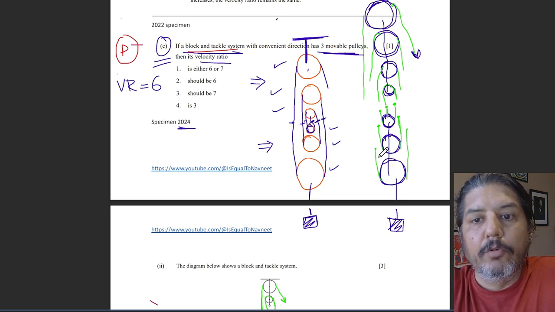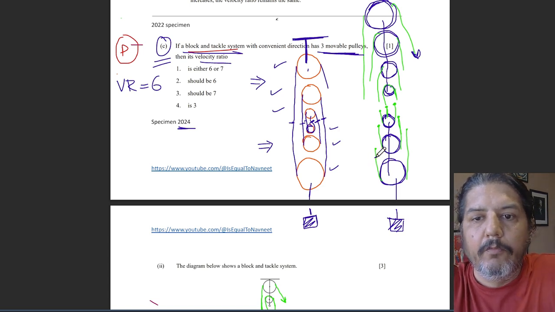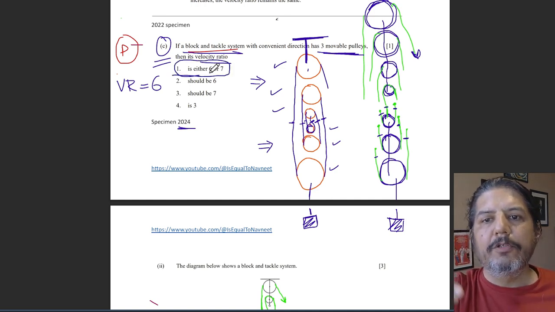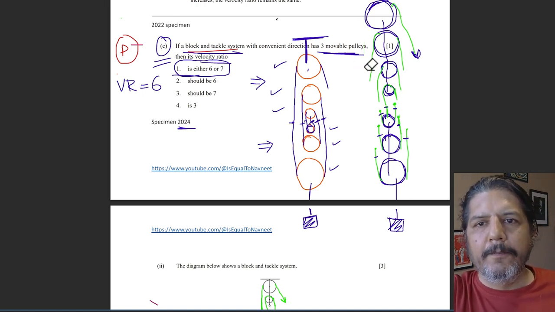The number of parts of the rope which will be supporting the load would be 1, 2, 3, 4, 5, 6, 7. So that is why the answer would be either 6 or 7. I hope this is clear. Just try to make this. I didn't complete the ropes because I didn't want it to get messy.